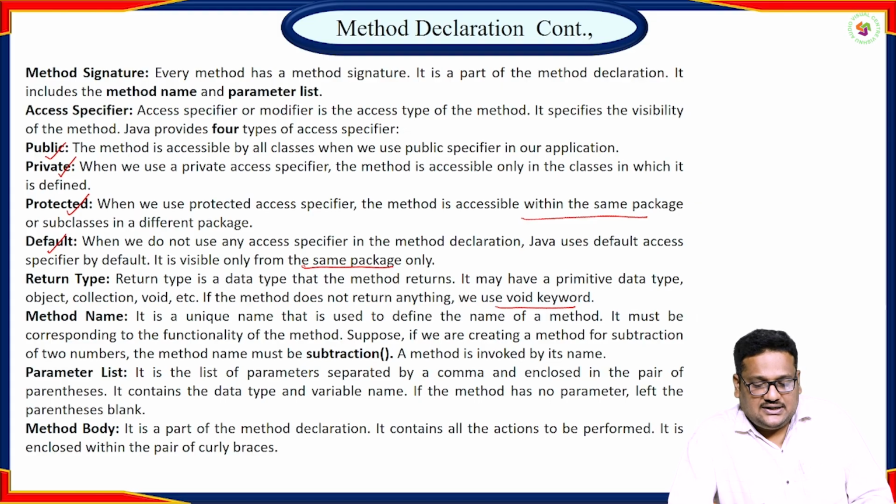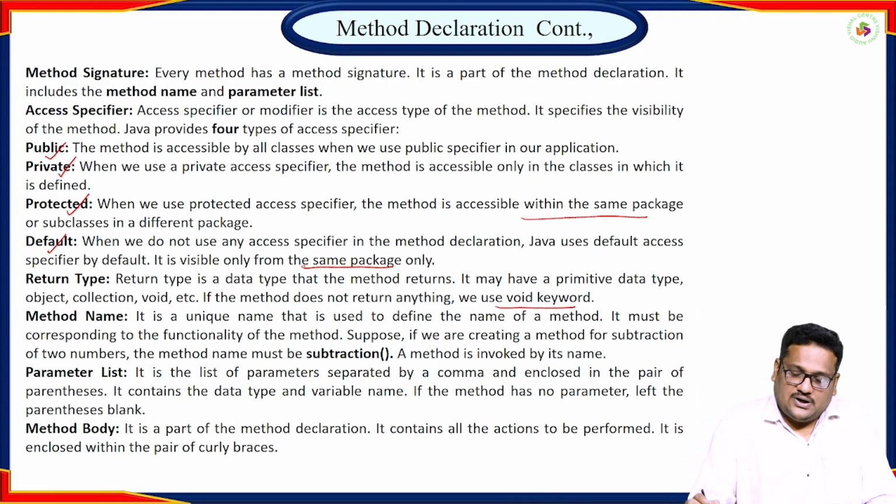The method name is a unique name used to define the name of a method, and it must correspond to the functionality of the method. Suppose we are creating a method for subtraction of 2 numbers, the method name should be like subtraction or sub. If you want to perform addition of 2 numbers, the method name should be like addition or add. A method is invoked by its name with the help of an object in Java.